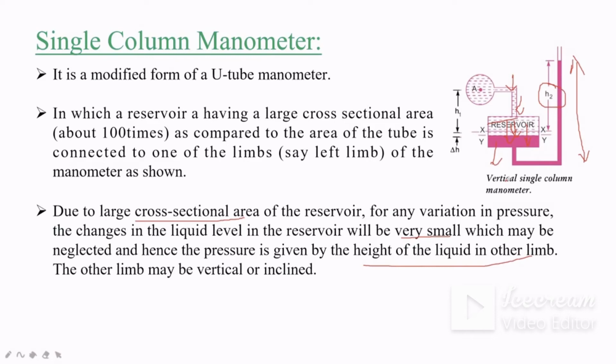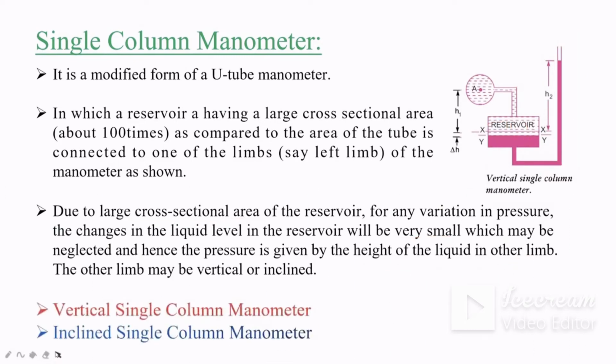In the single column manometer we have two types: the vertical single column manometer and the inclined single column manometer. The vertical single column manometer is because the tube is vertical; the inclined single column manometer means the tube is inclined. That is the main difference.